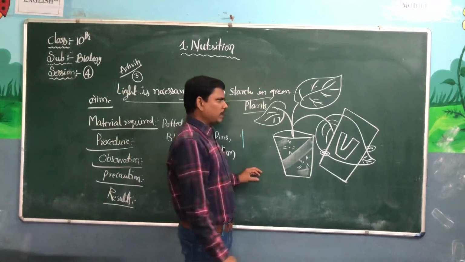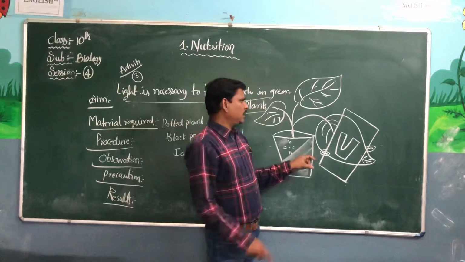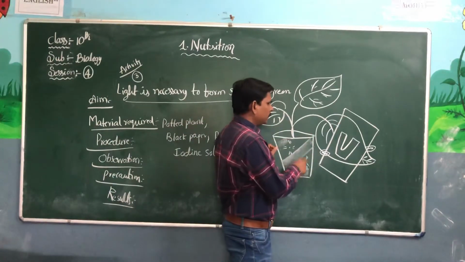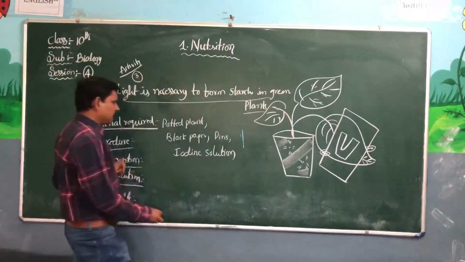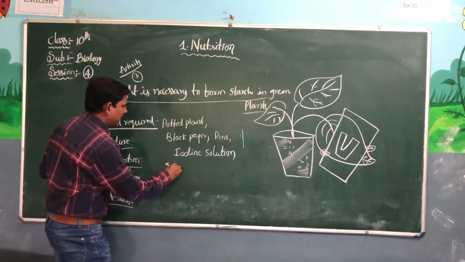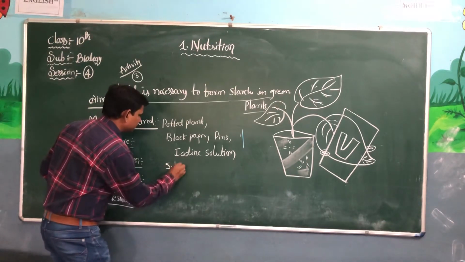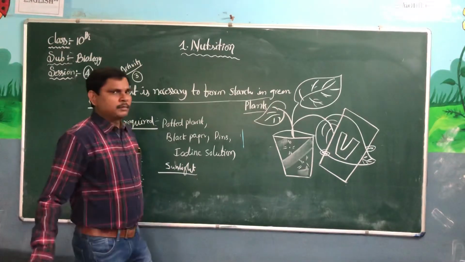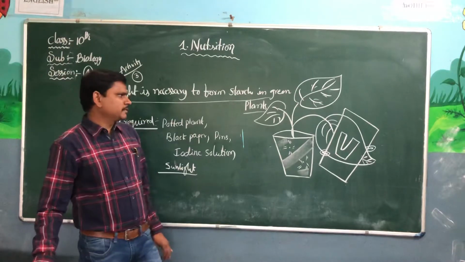So, take the potted plant, design the black paper with any letter, and fix this black paper on the leaf properly, using the 2 pins. Keep this experiment in the presence of sunlight for a few hours.